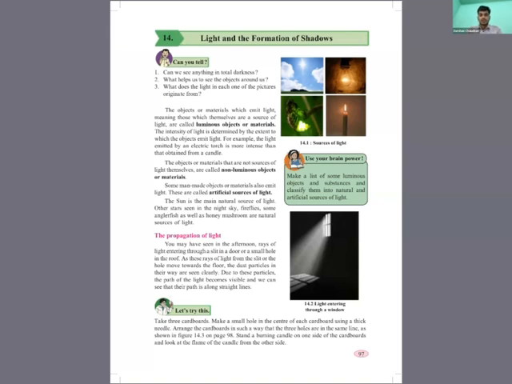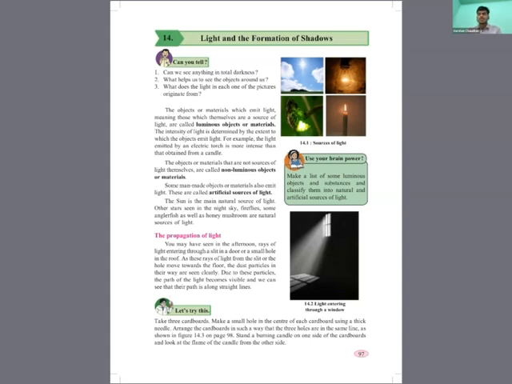The sun is the main natural source of light. Other stars seen in the night sky, fireflies, some anglerfish, as well as honey mushrooms are natural sources of light. So these are the two sources of light, artificial and natural.